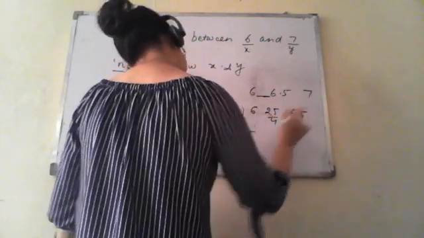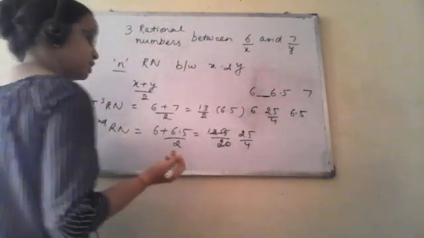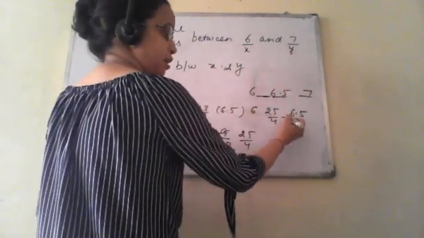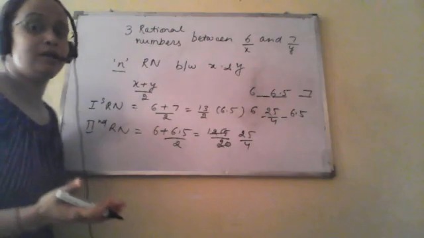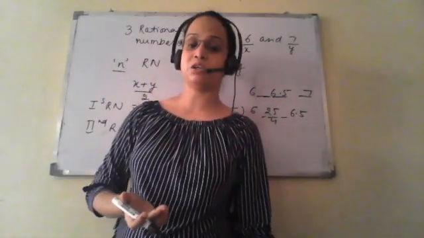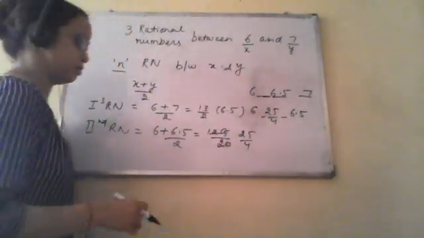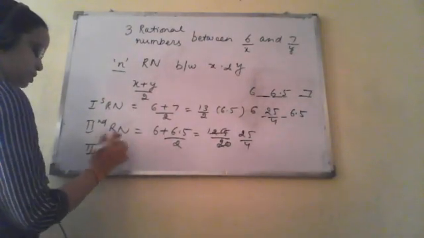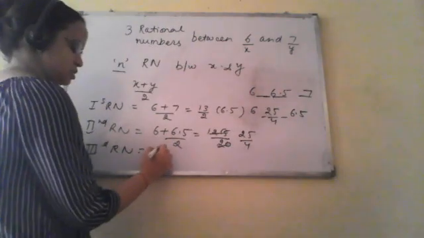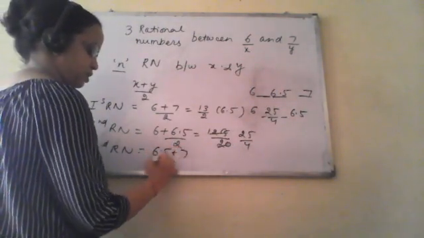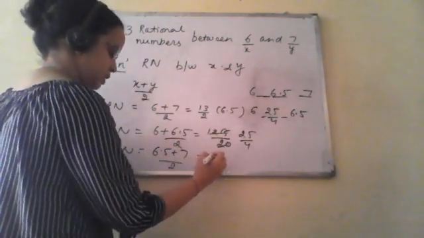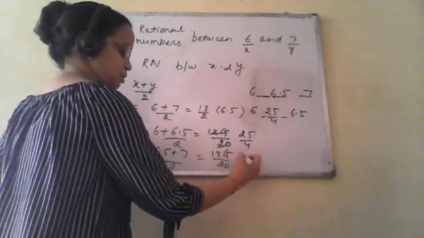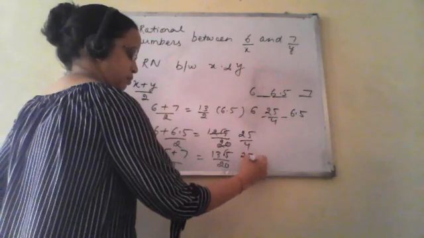Now for the third rational number, we can find it either between 6.5 and 7, or anywhere else, because there are infinite rational numbers between two rational numbers. For the third rational number, just add 6.5 plus 7 upon 2. This becomes 13.5 upon 2, or 27 upon 4.